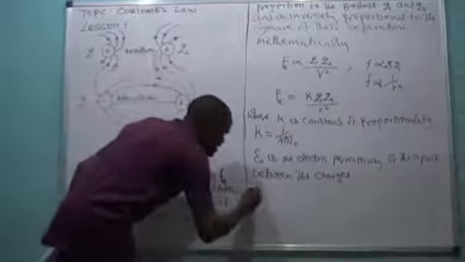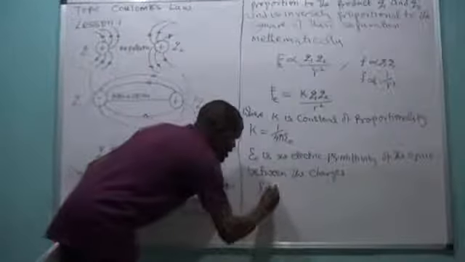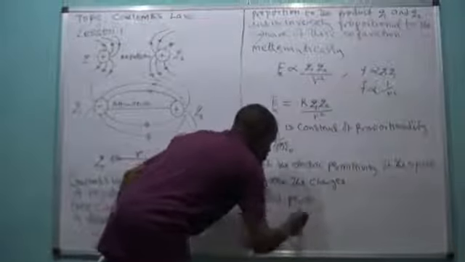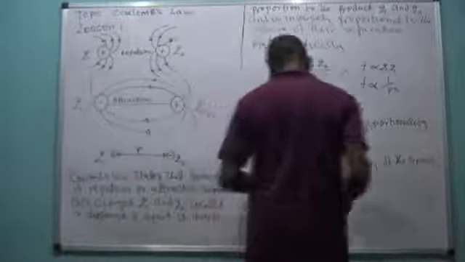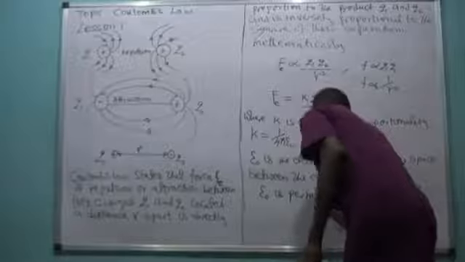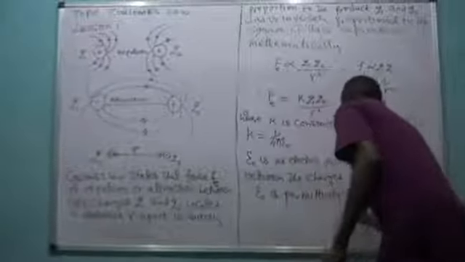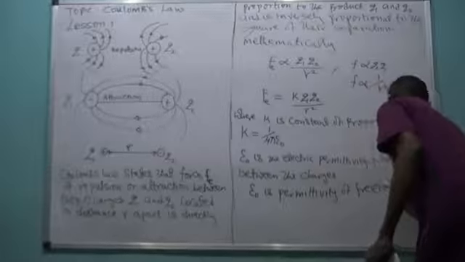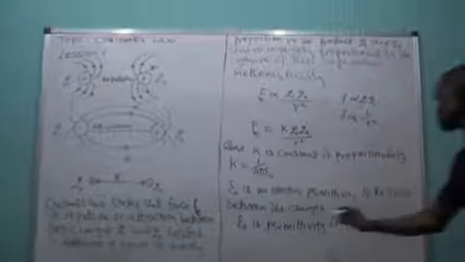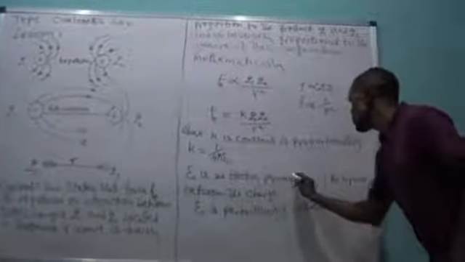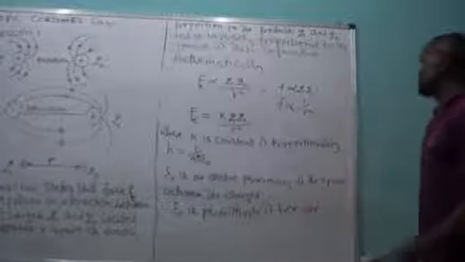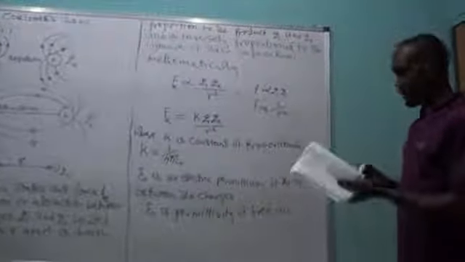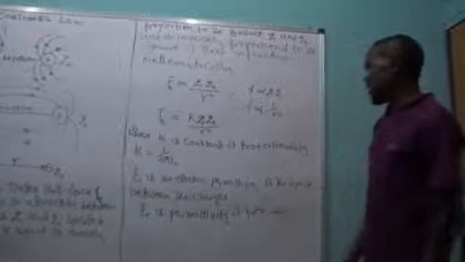Therefore, epsilon O is the permittivity of free air. How did I get it to be free air?